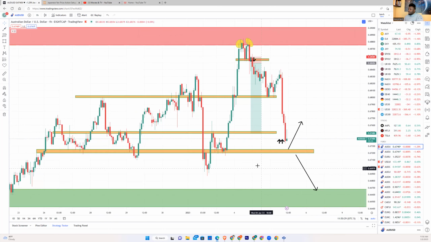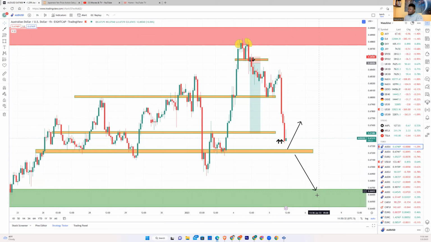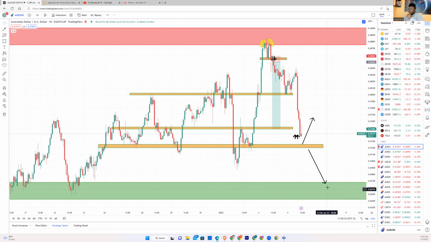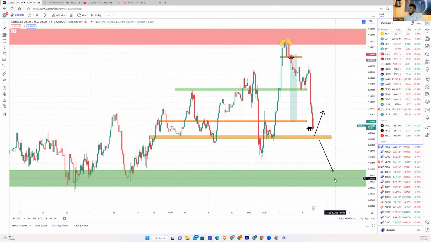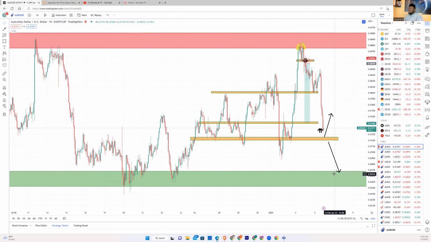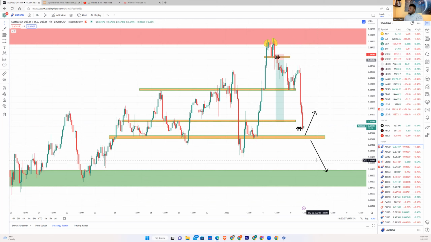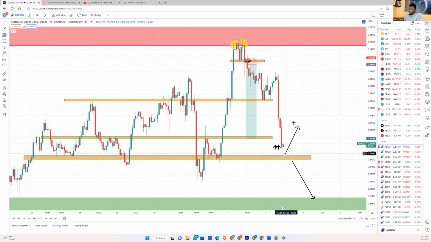If the market breaks here, it could go down all the way to the support level. This is a significant support level. I am not diminishing it in any way, even though I'm expecting the market to reverse from here, 0.67 area. I am still not diminishing that this market could break and retest the support line. Okay, so that is my thoughts on AUD USD.